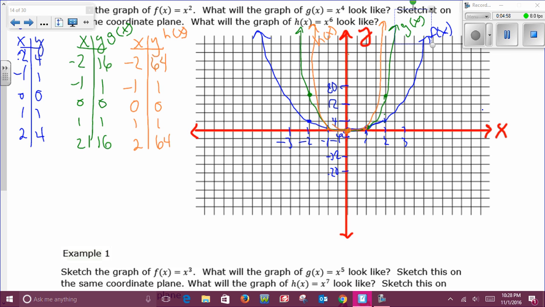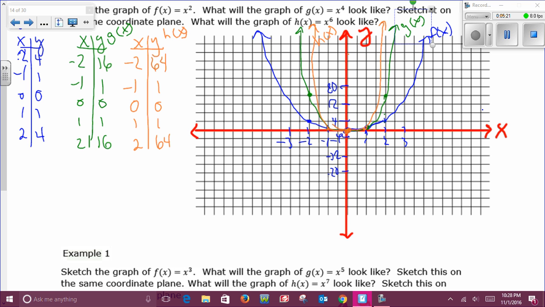Okay? So notice that for every increase in power, my graph got narrower. And I also want you to look at the end behaviors.